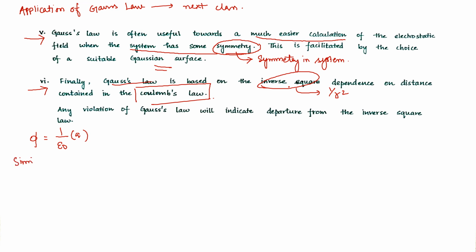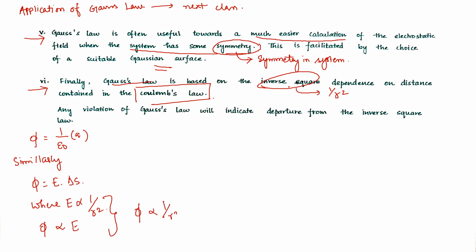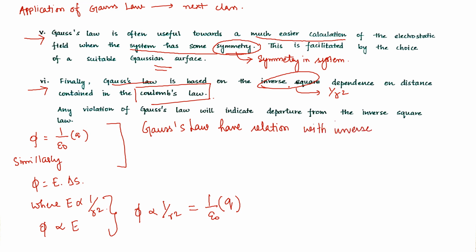Similarly, we have seen xi equals E del S, where E is dependent upon r square and xi is dependent upon E. So, by this relation, xi is also dependent upon r square, and here this equals 1 by epsilon naught into Q. So, directly or indirectly, Gauss's law has a relation with the inverse square law.